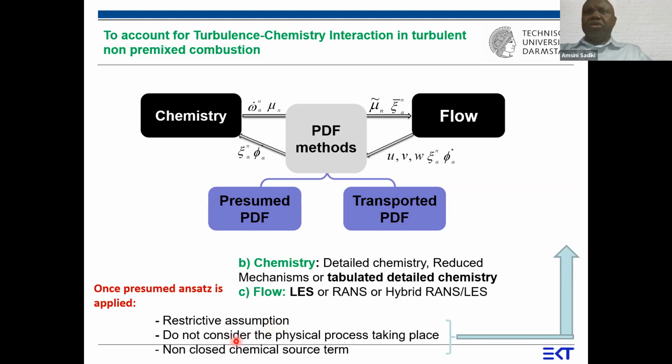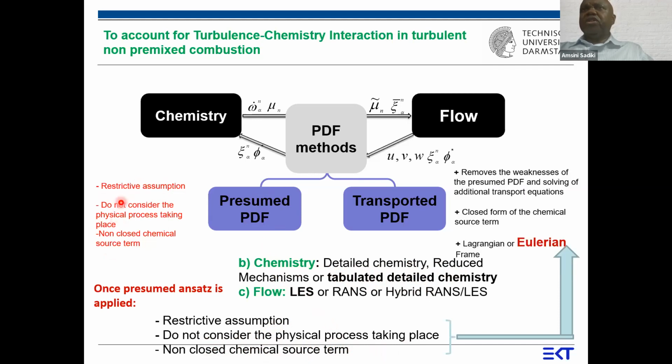This means that we do not consider the physical process taking place in detail, and also we do not have a closed chemistry source term. First, we have this, and the chemistry will be from the detailed chemistry, which we reduce in a tabulated way. And by presuming, as I said, we have this restriction.